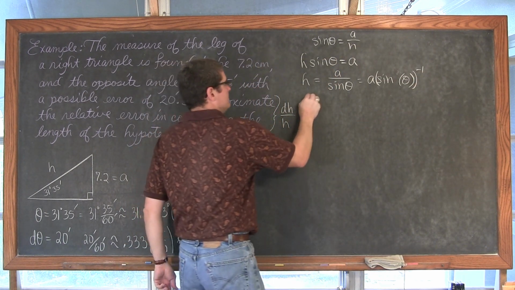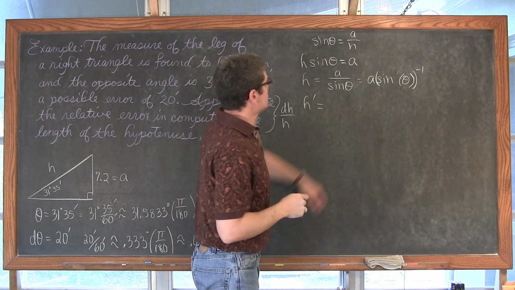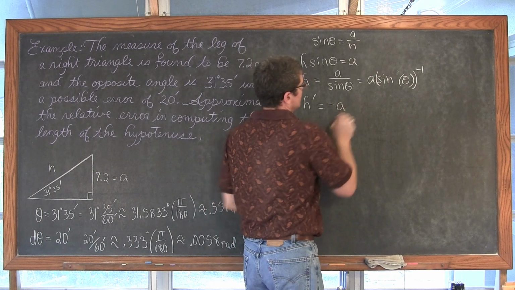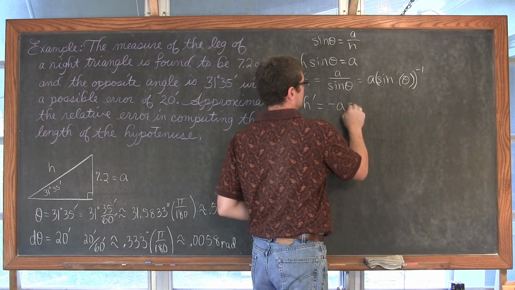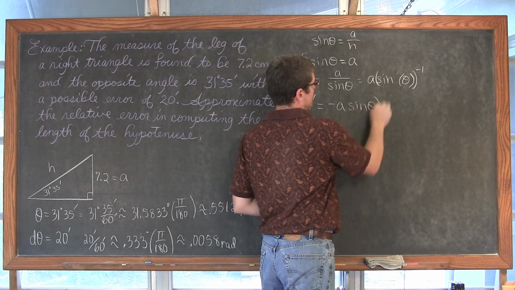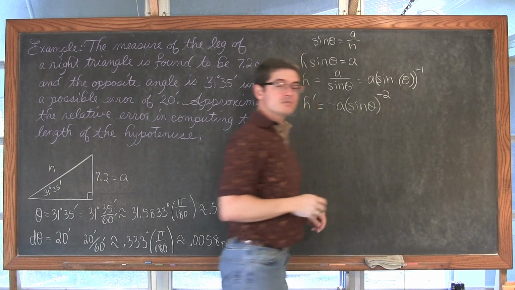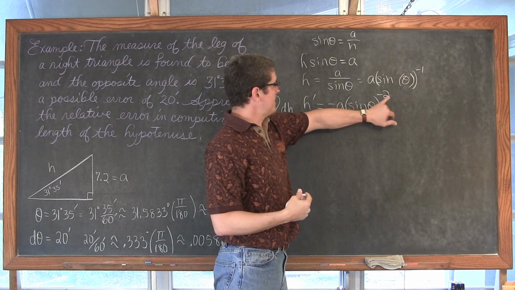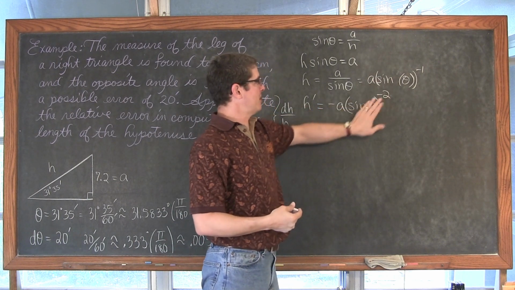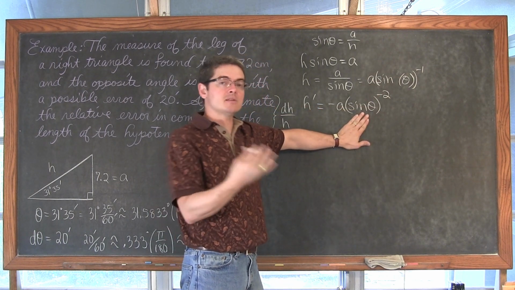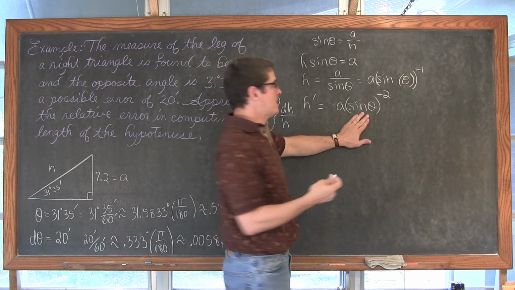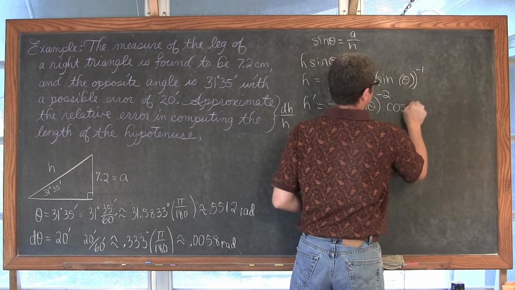Now H prime is going to be equal to, bring that -1 down, we have negative A sine theta to the now -2 power, and we're doing the chain rule. So now we brought that -1 down, we reduced the exponent by 1, now we need to find the derivative of the inside function, and the derivative of sine theta is cosine theta.